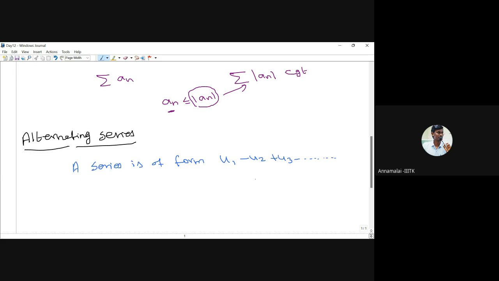The coefficients are alternately plus and minus, but all the un's are positive, that is, un is greater than 0 for every n. Such a series is called an alternating series.